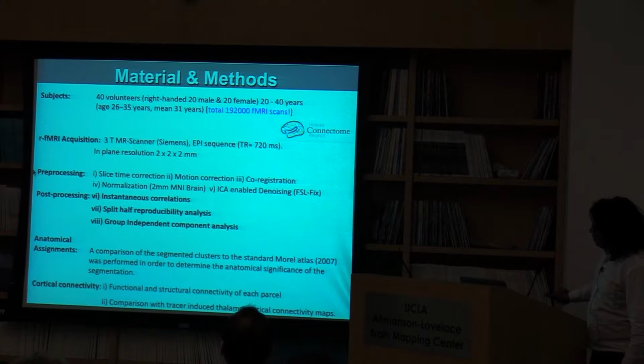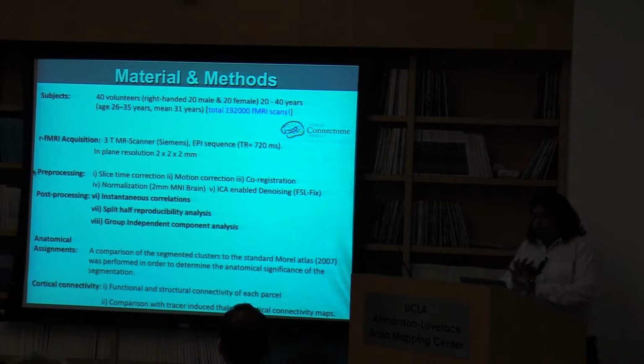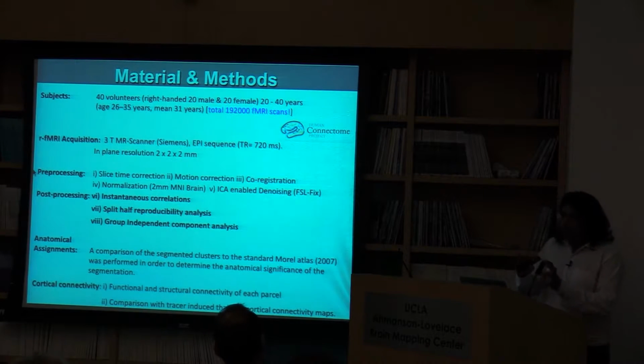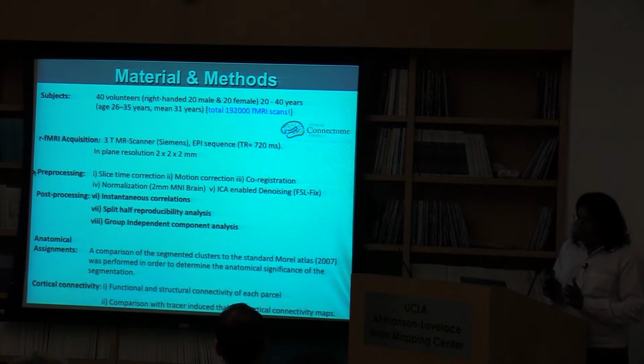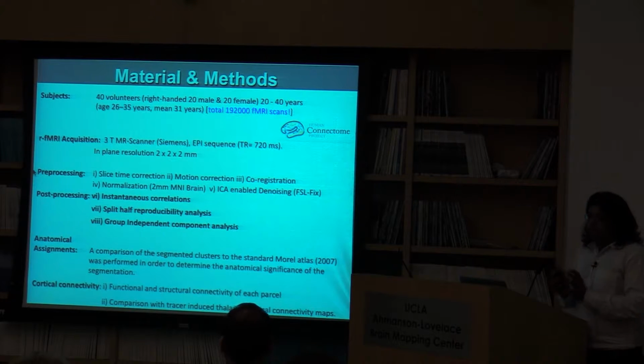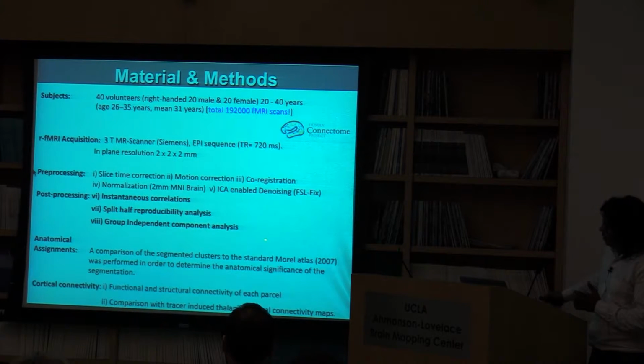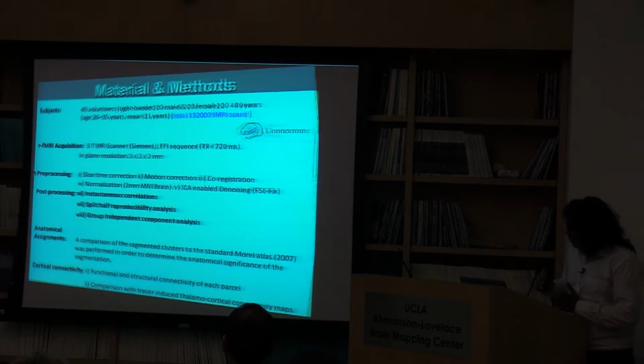We performed state-of-the-art preprocessing, and we developed a new method to capture the variance in the fMRI time courses using an instantaneous correlation analysis method, which is illustrated in more detail on the next slide. We determined the reliable and reproducible number of parcels using split-half reproducibility analysis and performed group independent component analysis.